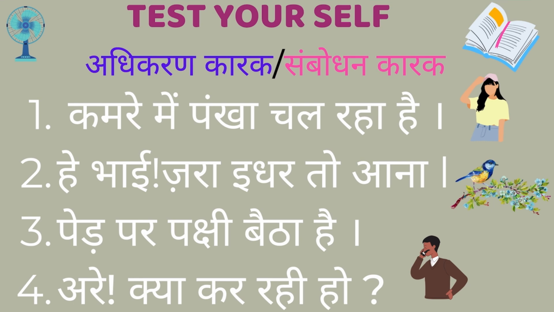Next one, hey भाई, जरा इधर तो आना, meaning hey brother, come here for a moment. The third one, पेड़ पर पक्षी बैठा है, meaning the bird is sitting on the tree. Fourth and the last one, अरे क्या कर रही हो? Meaning, hey, what are you doing?